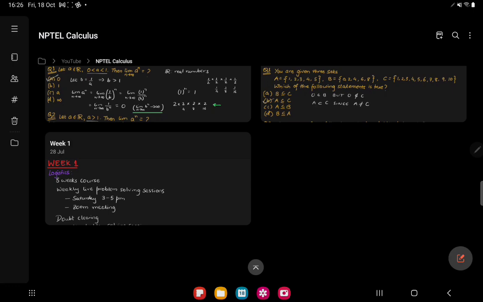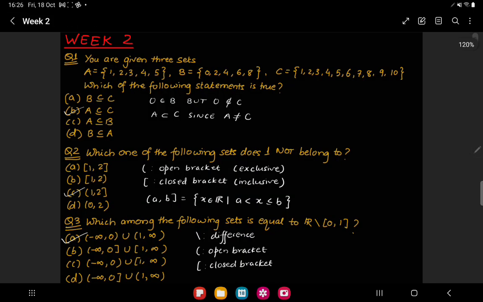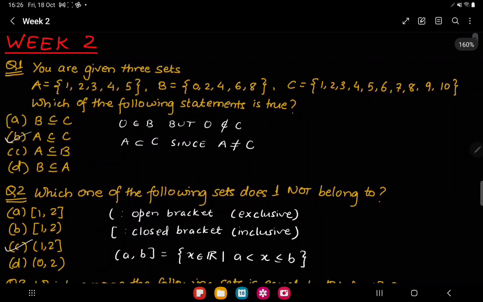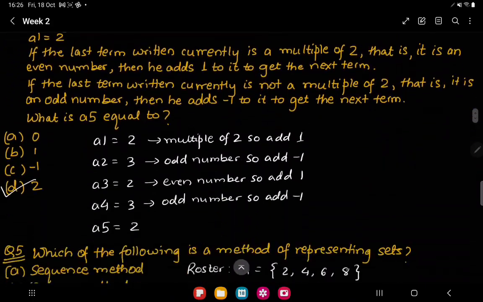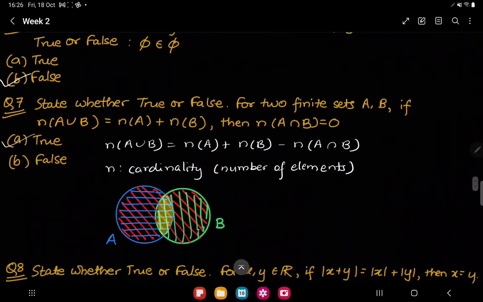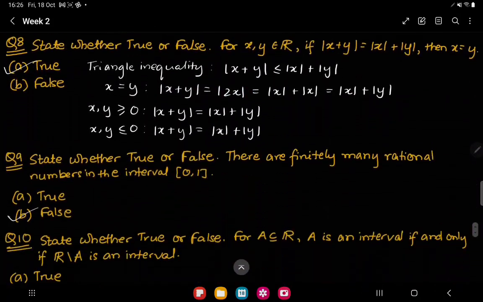Let us look at week 2. In week 2 we were introduced the concept of subsets, and basically more about sets, intersection of sets, operations on sets.